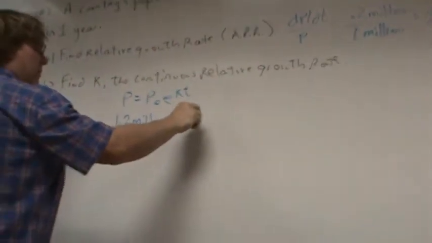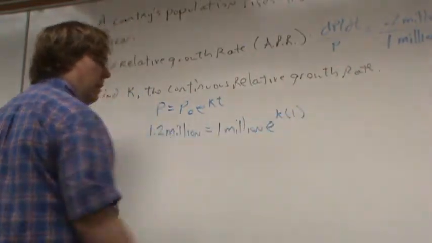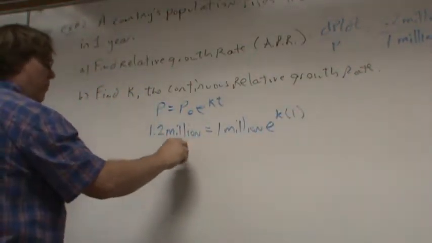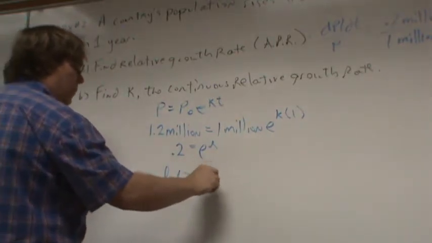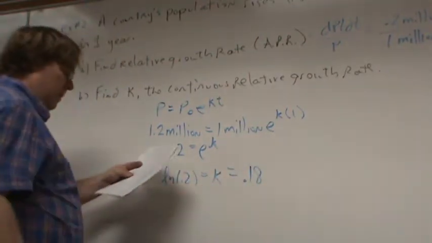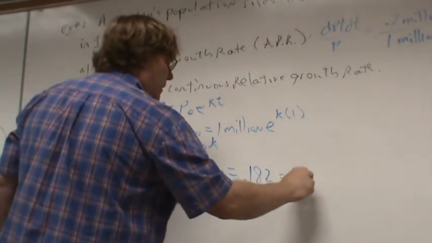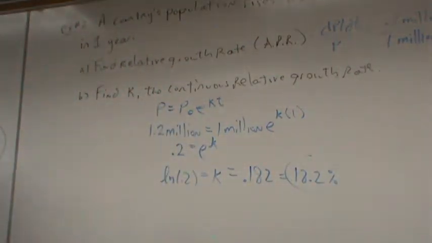Your initial amount is 1 million times e to the k times you did it in 1 year, and so you end up with 0.2 equals e to the k, or the log natural of 0.2 equals k, which ends up equaling 0.182, or 18.2%.